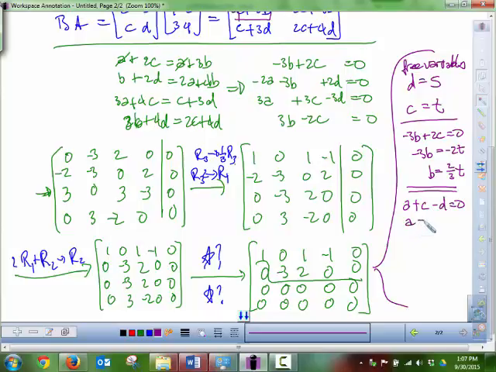So A is equal to D minus C. So I'll write the C first. So negative C, which is T, plus D, which is S.